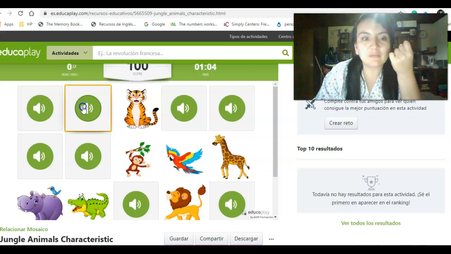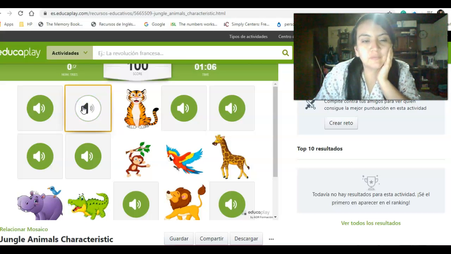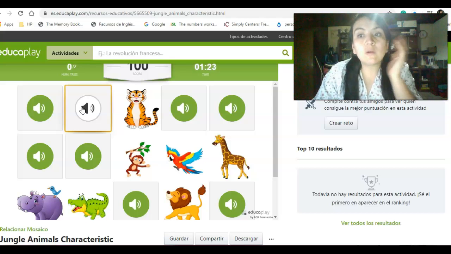¿Listo? Comencemos. Start. This animal is orange and has got black stripes. And it is big. And it says, "Rawr." What is the animal?